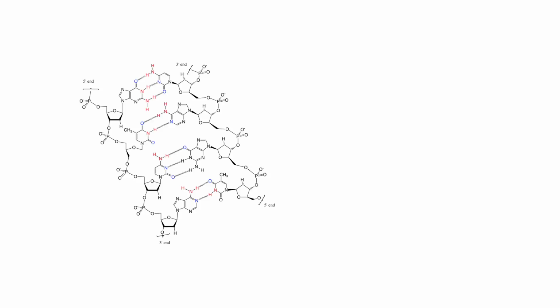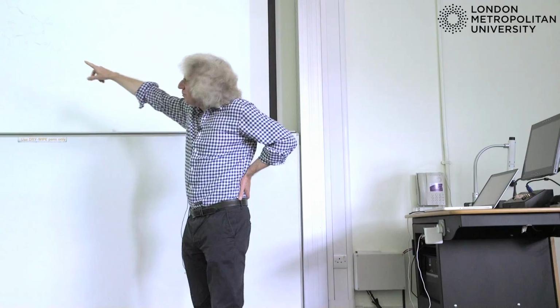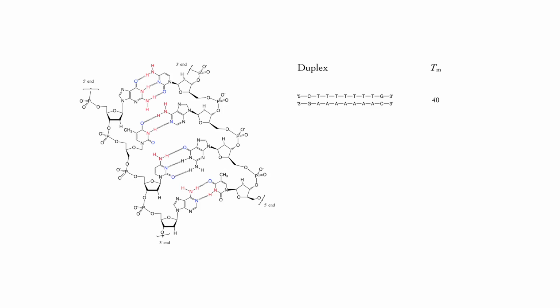And for glycerol DNA, you can replace 1, 2, or 3 of the naturally occurring sugars with this open chain glycerol counterpart. Let's have a look at the duplex stability. The small t denotes glycerol linkages. When you've got a small t, that means it's a thymine bound to a glycerol nucleoside.